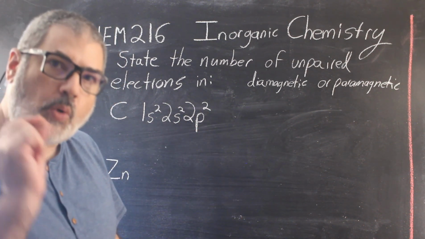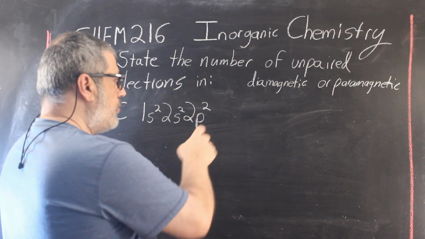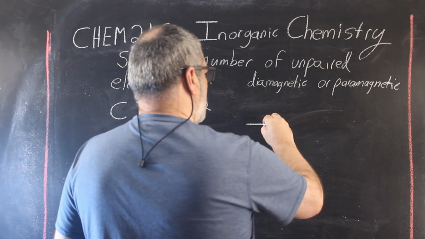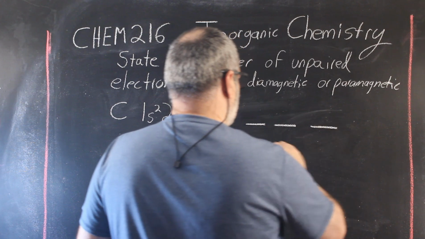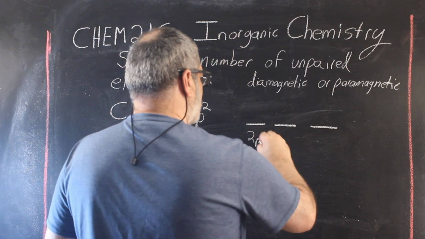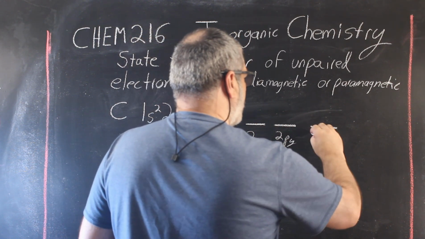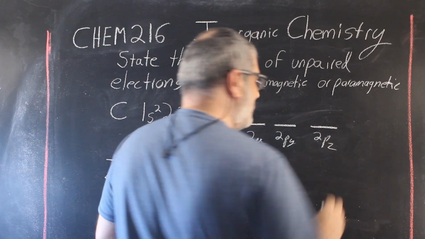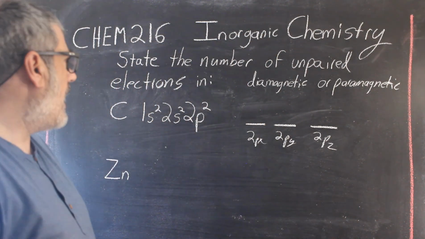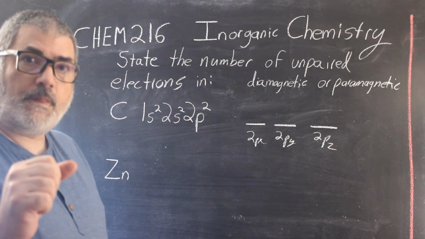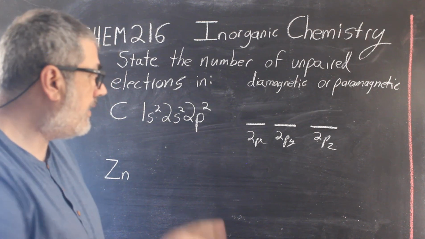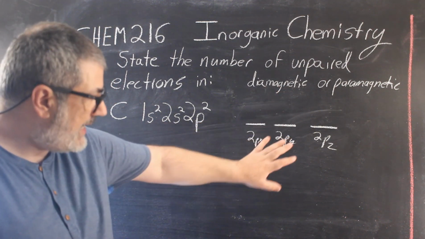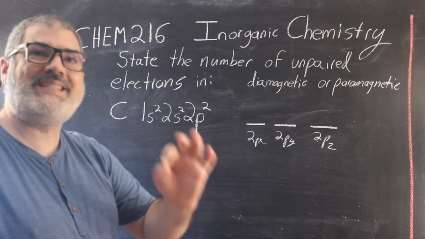What you have to remember is this 2p is actually representing the 2px, 2py, 2pz orbitals. How do we put the electrons in? Well, the 2p orbitals are degenerate.